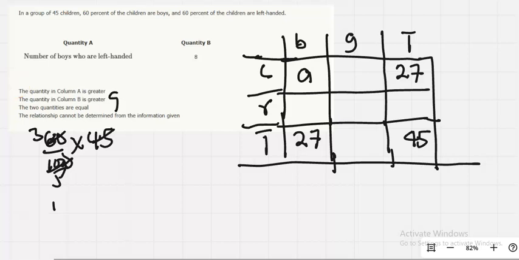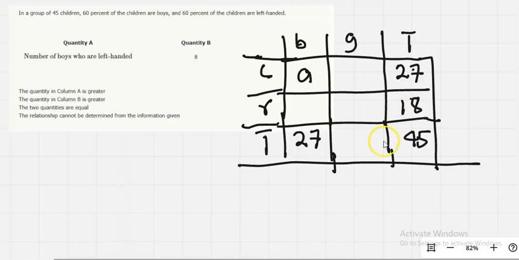Now, we start our calculation. If this is 27, definitely this plus this will give us 45. So that means this will be 18. We have 18 here as well. So that means A plus boys that are right-handed will give us 27.